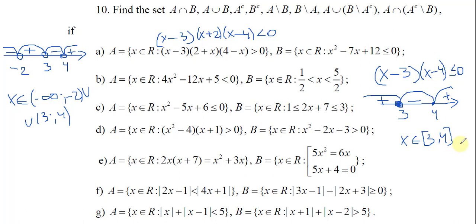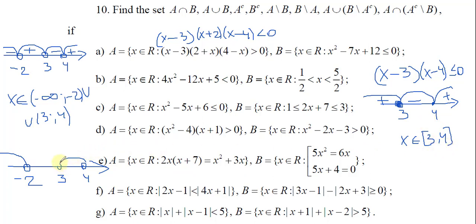So the union of these two ones is, look here now, we have this set. It's -2, 3 and 4. It is this one and this one. In the first case, in A, and in B we have 3 and 4.